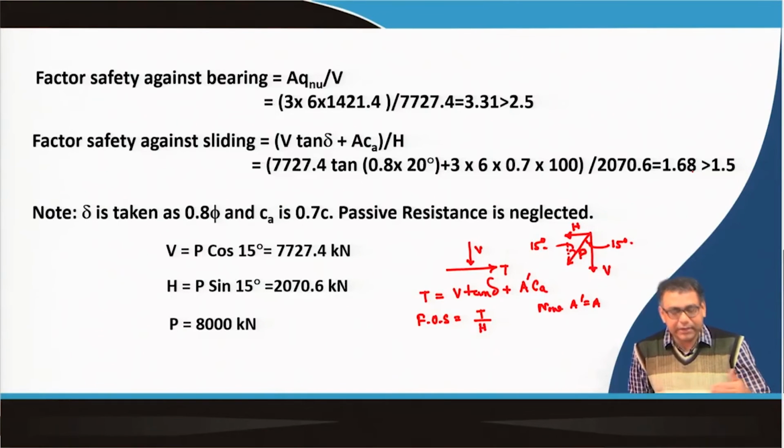So, this way I can check the bearing capacity and the sliding in case of an inclined load. But one thing I want to mention is that here your inclination is given directly. Suppose you have a footing like this.